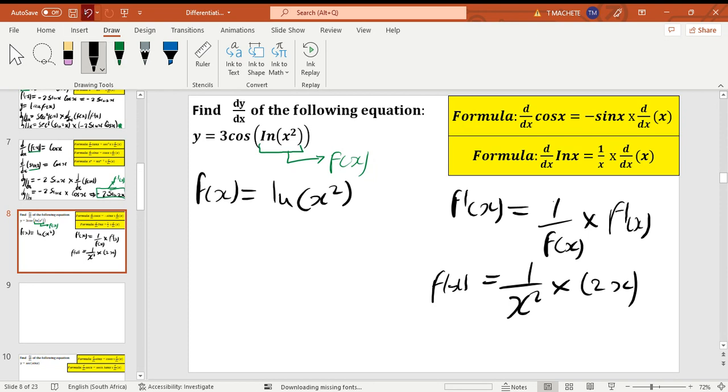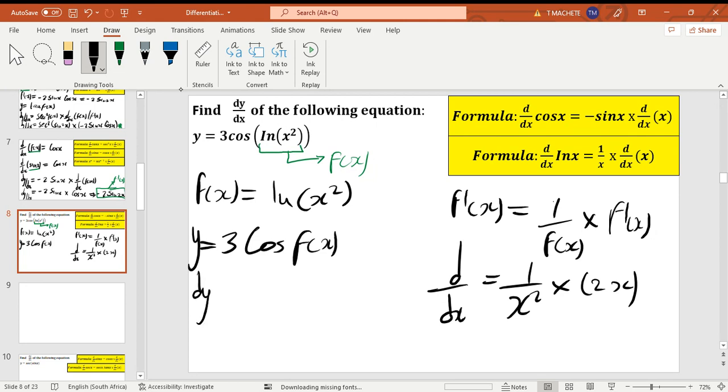Then this is your d over dx, let's just write d over dx there. This is your d over dx of your f of x. Then you go back to the original formula. You say y equals 3, that 3 is a constant, cos f of x.